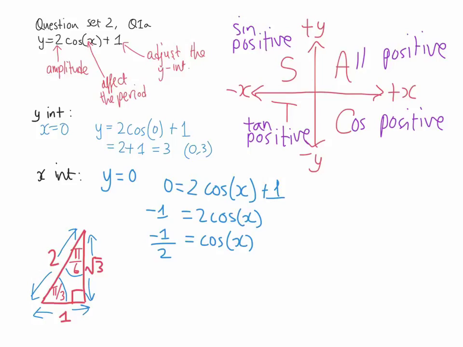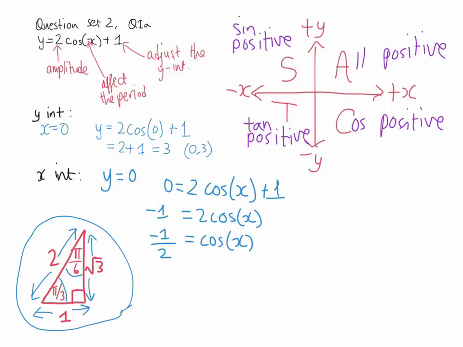now by referring to our little triangle over here, we can figure out that when you've got cos x equal to a half or a negative half or root 3 on 2 or something like that, it's going to be something to do with the angle pi on 3.